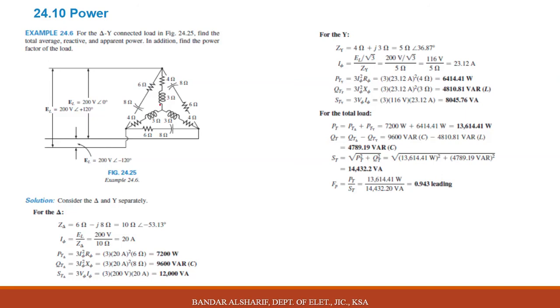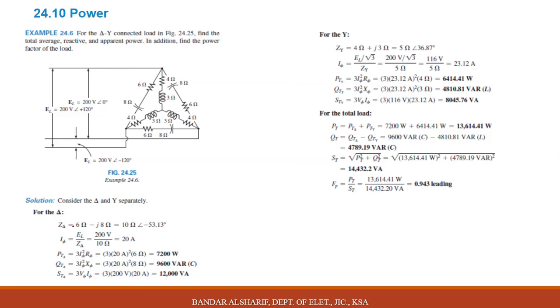We will find each one and subtract, because the capacitor is a source of reactive power and the inductor absorbs reactive power. We will subtract the value produced from the capacitor by the value absorbed from the inductor and find the total reactive power.